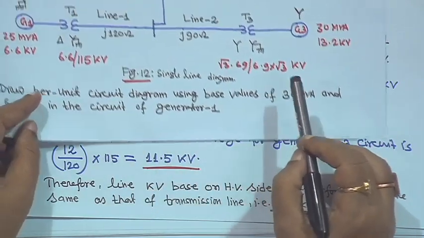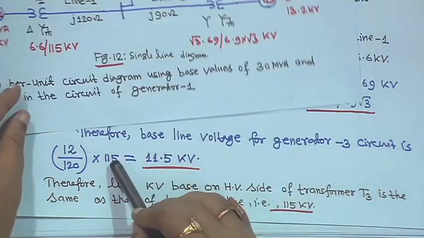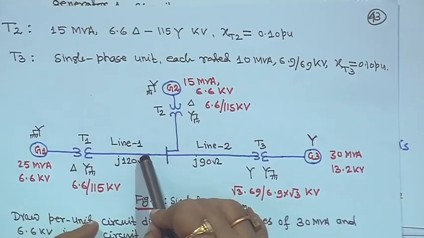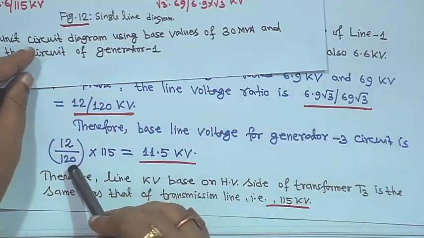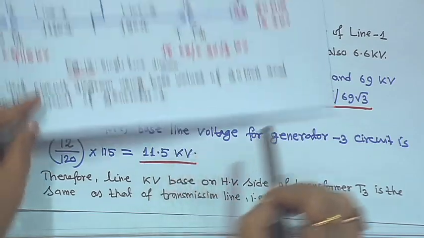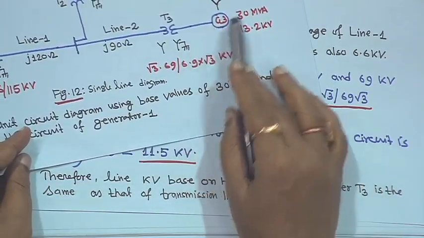But the line base voltage on this side is 115 kV, so this side should be 12 by 120 into 115, that is 11.5 kV.